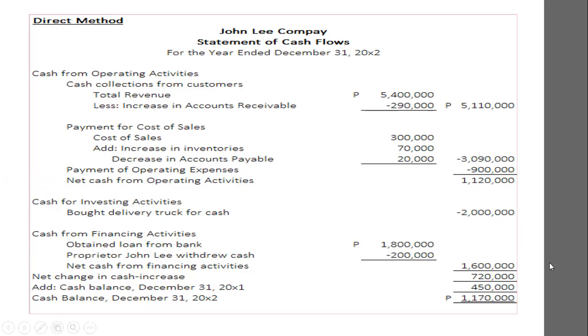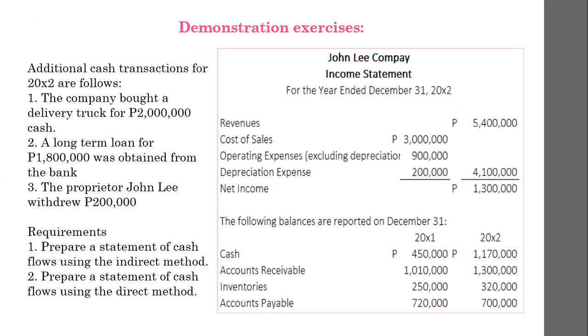Malalaman nyo po na tama yung gawa nyo na statement of cash flows pag ang result po ng cash balance ending nyo, itong example na ito, December 31, 20x2, ay nag-reconcile or nag-equal sa cash balance ending natin na 20x2. So, automatic check po yan. Check. Correct po ang inyong nagawa.